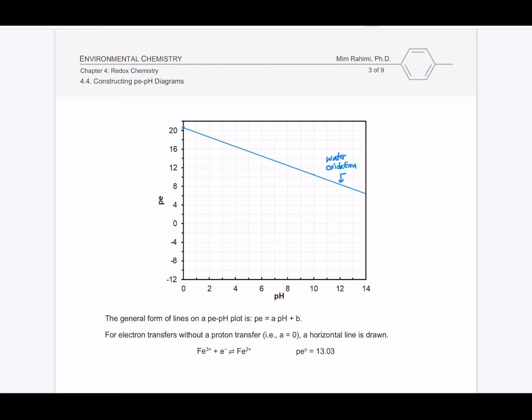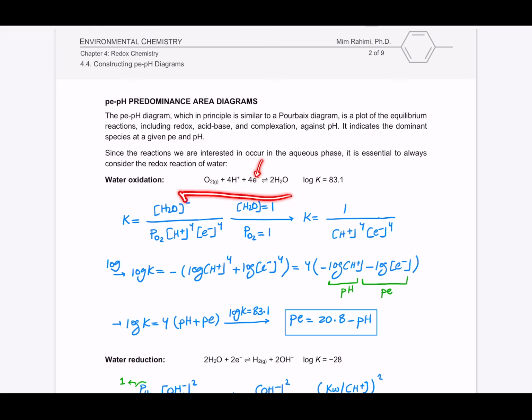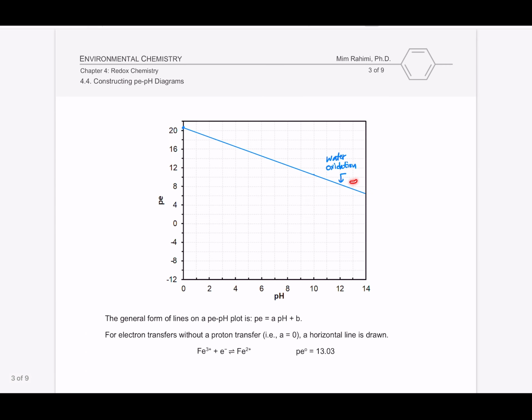So lower electron activity favors the forward reaction or the backward? So you have lower of this, so it favors this reaction. So in that region, the dominant species is oxygen. So basically this is the region where oxygen is dominant.